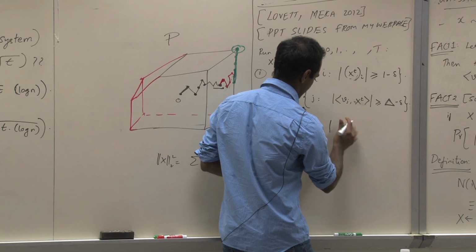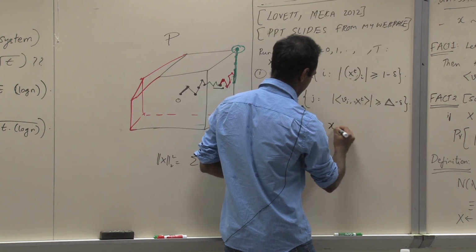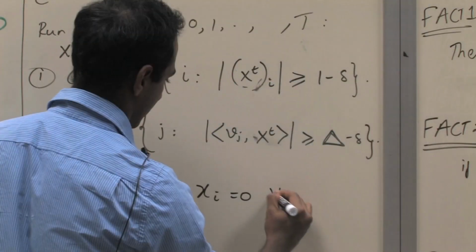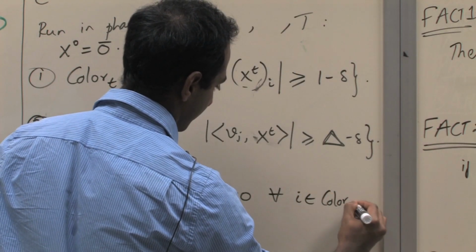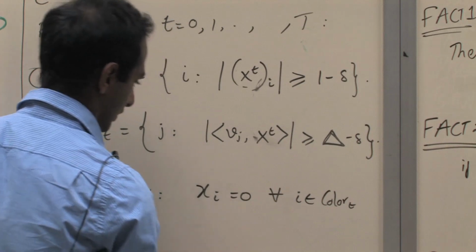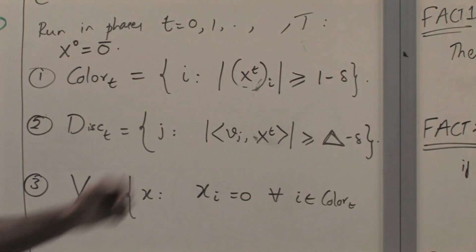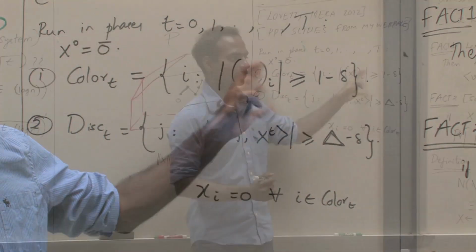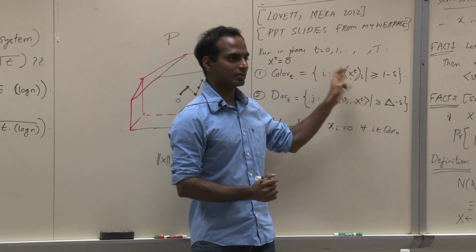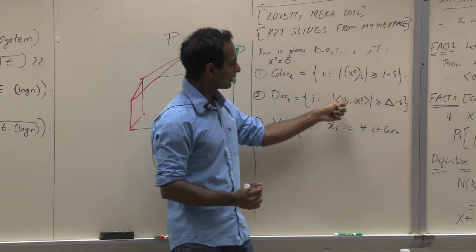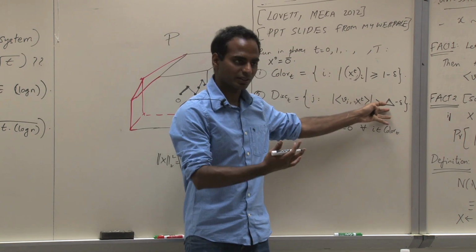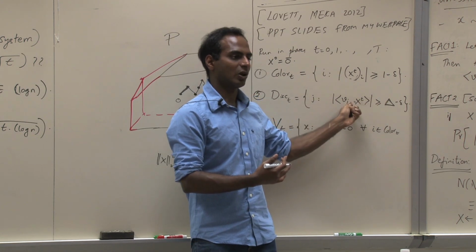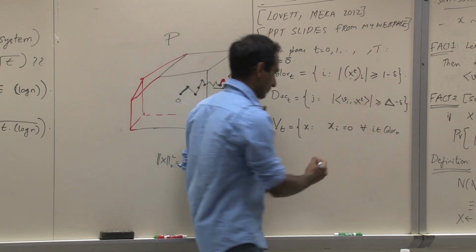So I have xi equals 0 for all i belonging to color T. Because I can't change these coordinates, they are very close to 1 or minus 1, and once they get close, they are fixed. And these discrepancy constraints are also very close to being violated, so I don't want to change them. So these inner products also I am going to set to 0.